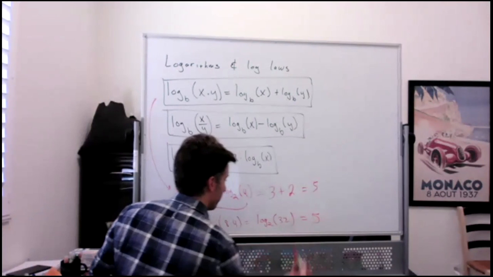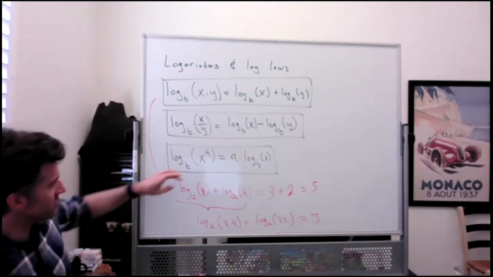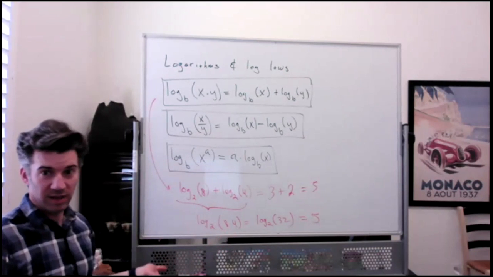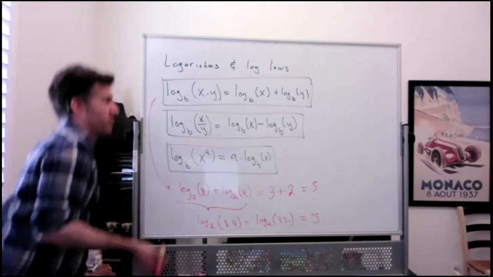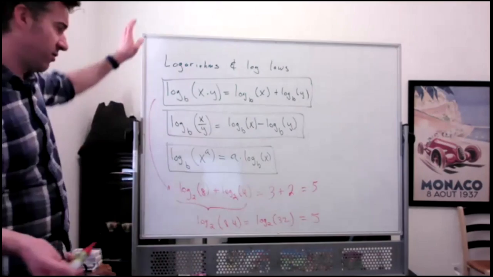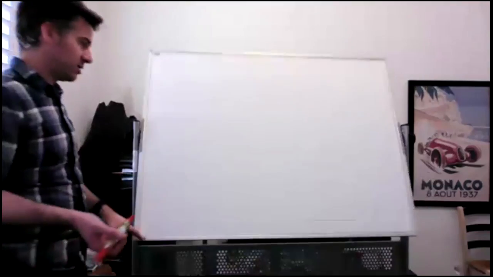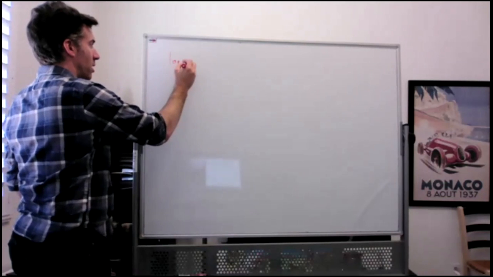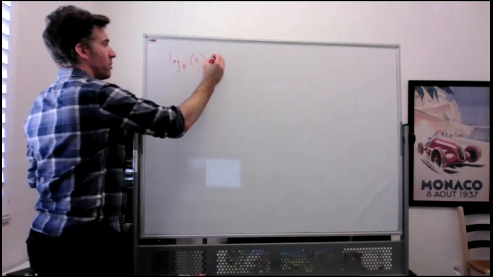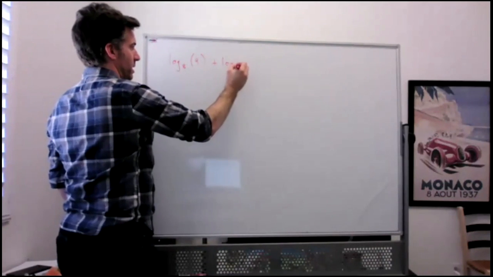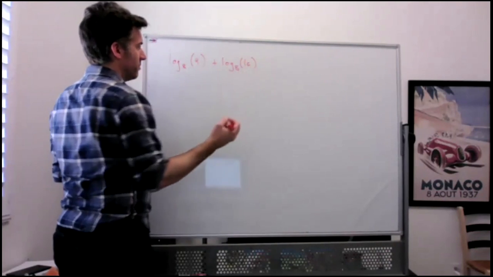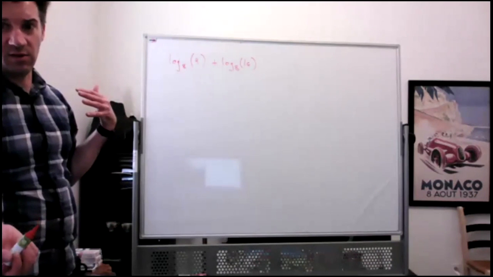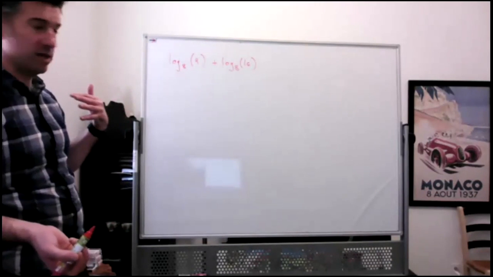So the idea here is that you can combine these by multiplying the arguments to make it maybe easier to deal with. It even works for things that are maybe not so nice. For example, if we had log base 8 of 4 plus log base 8 of 16, we could calculate those, since 8 and 4 both have a base of 2, and 8 and 16 both have a base of 2.